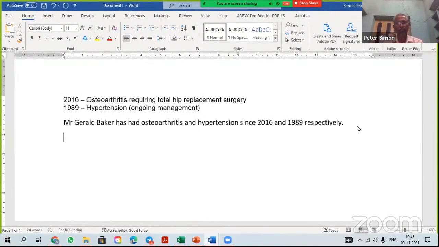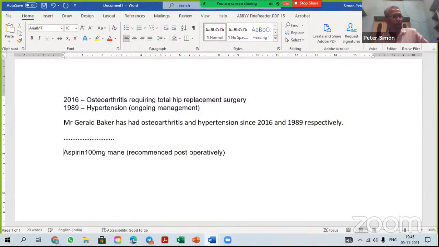The second information is this: aspirin 100 mg mane. Try to understand this part. Aspirin 100 mg mane recommenced post-operatively. So you can start this sentence using post-operatively.